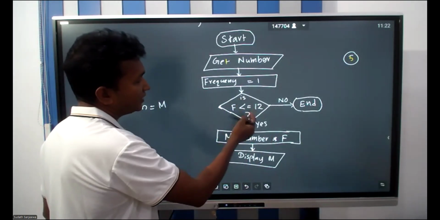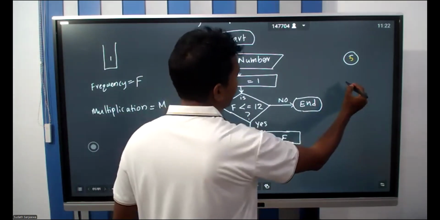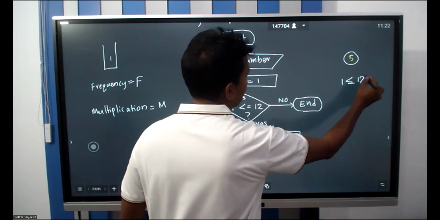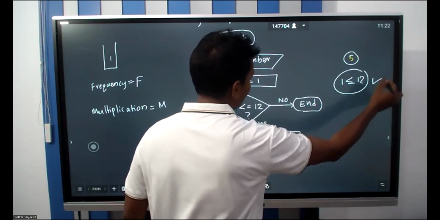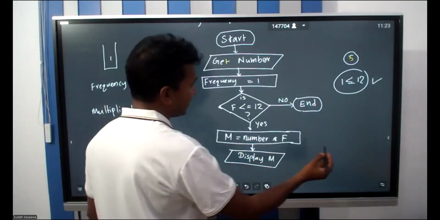I'll check this condition. If f is less than or equal to 12, my f is now 1, so that means this is true. Yes. Right. Then I calculate M.